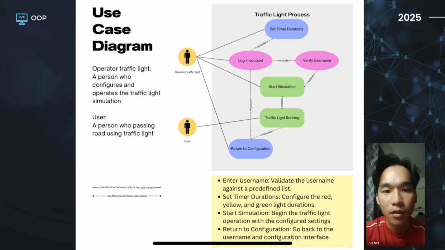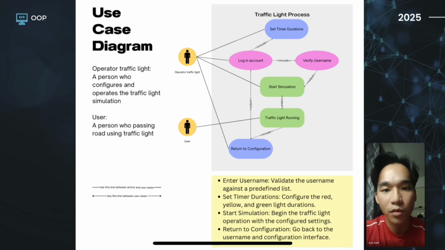As you can see, the operator will log in to the account, and they will enter the username and password and verify, so they can start to see the simulation.